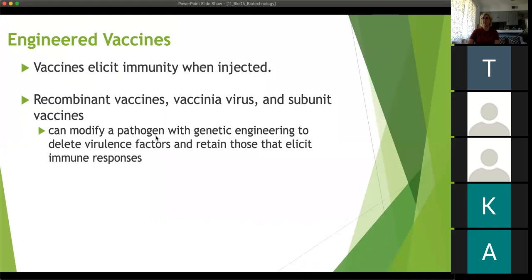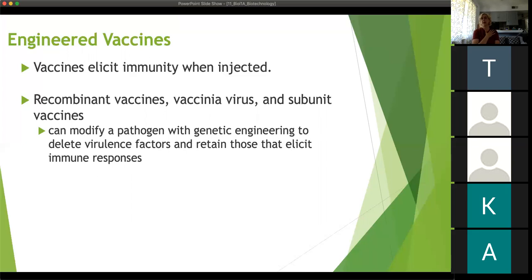One of the other things we've been able to do with biotechnology, and something that is in the news right now, is we've also been able to make vaccines. Vaccines are compounds that, when injected or ingested, elicit an immune response.